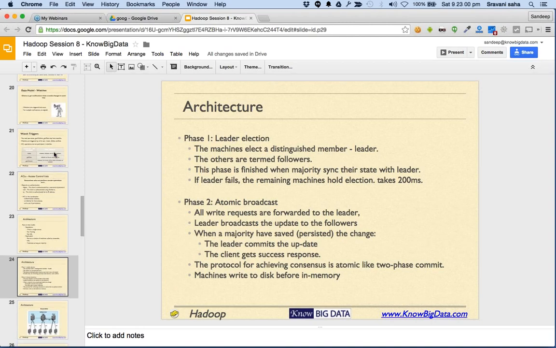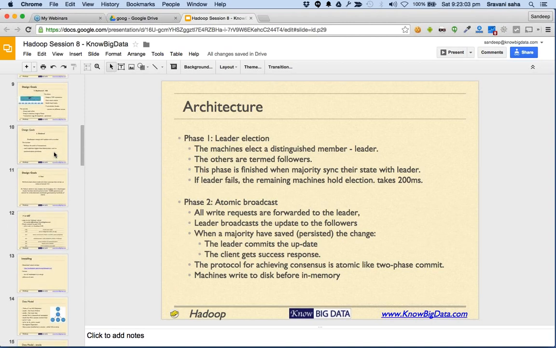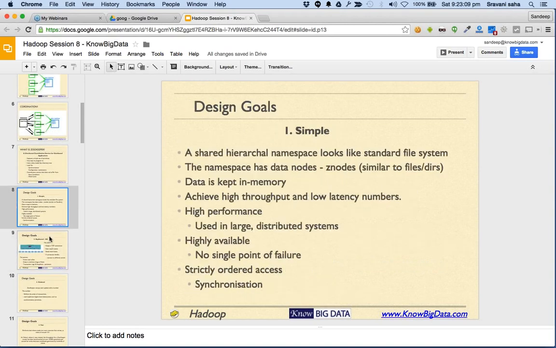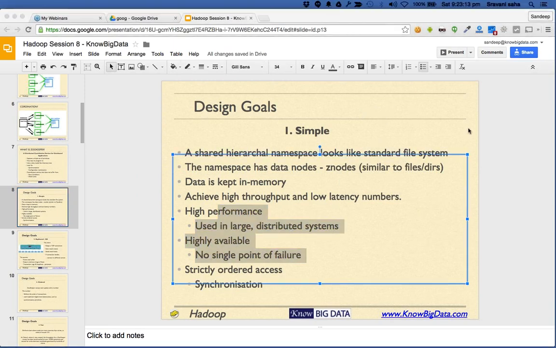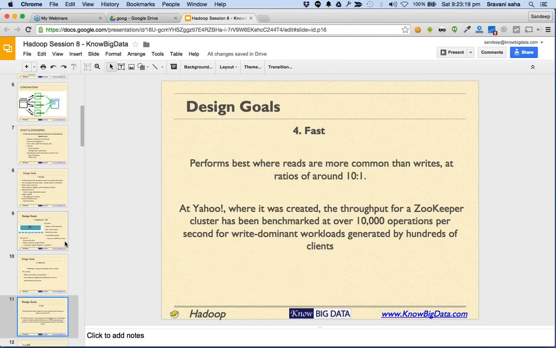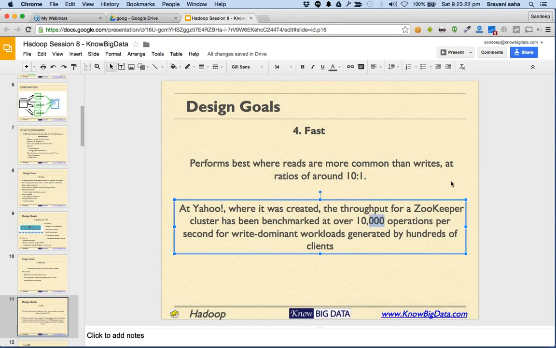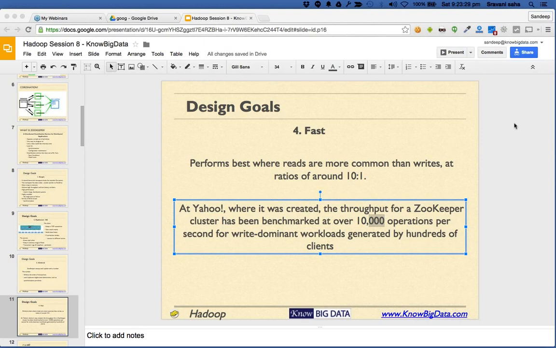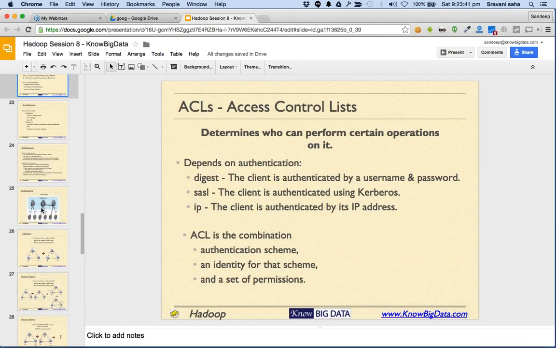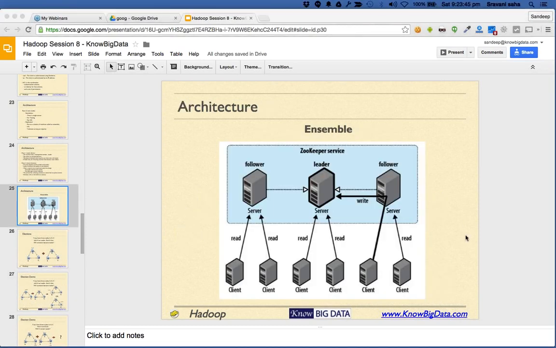As I was telling you in the beginning, it has been tested to give really high throughput, around 10,000 operations per second for write-dominated workloads, while for read-dominated workloads it was far above this. So the protocol is clear to everyone.